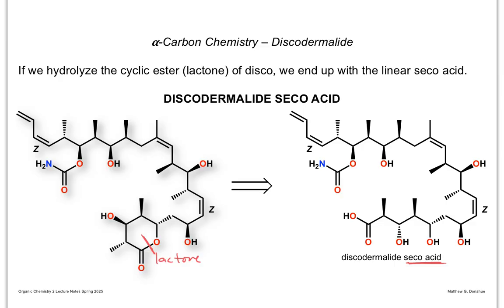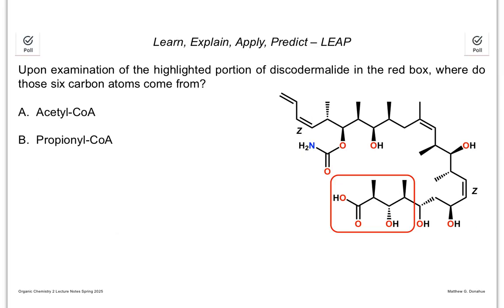So we've got that out of the way. And now let's look at the region in red that's boxed. There's 6 carbon atoms there. Where do you think those 6 carbon atoms come from? The acetyl coenzyme A or the propionyl?